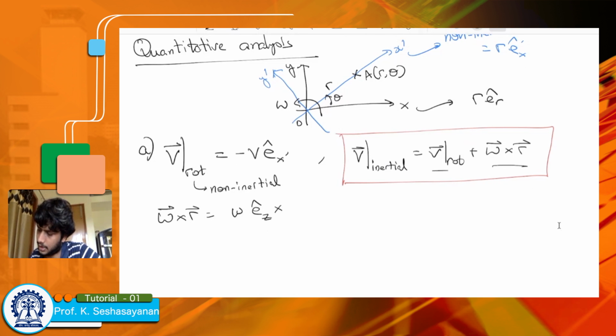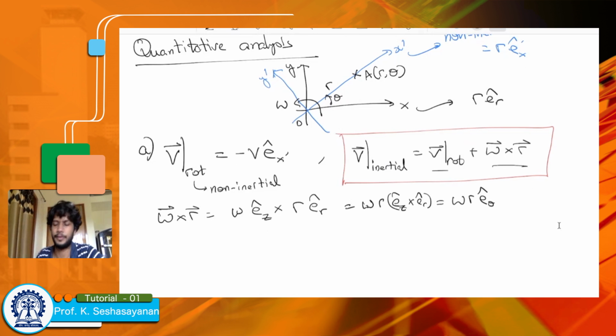So we'll just say r as r e_r hat. e_z cross e_r would just be e theta. So we write this as omega r e_z cross e_r, which is nothing but omega r e theta hat. So this is the term here.